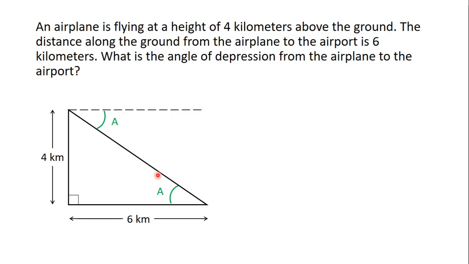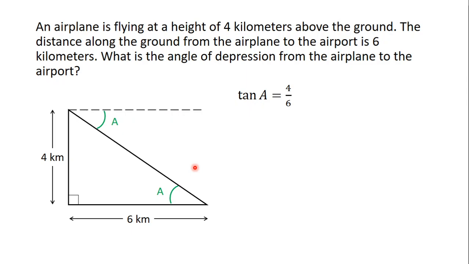So, ito ang magiging reference angle natin. Itong 6 kilometers sa baba ay adjacent side to this angle, and this side, which measures 4 kilometers, is the opposite side to this angle. So, meron tayong opposite, meron tayong adjacent. Anong trigonometric function ang gagamitin? It's the tangent function.